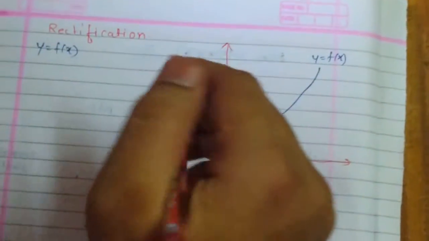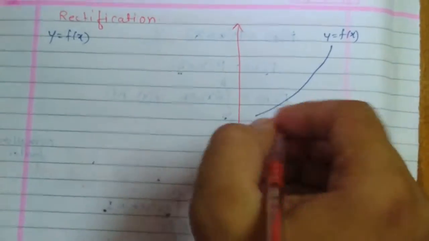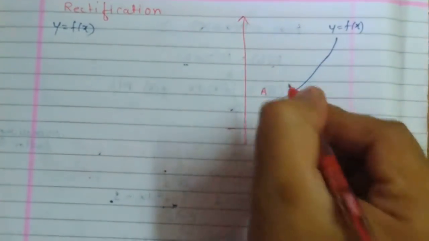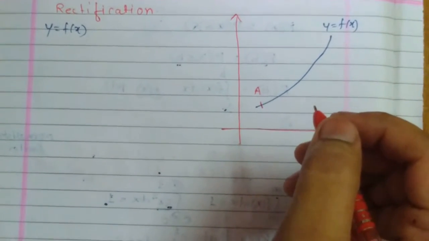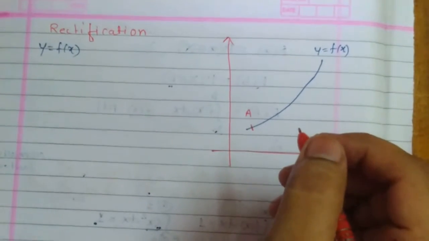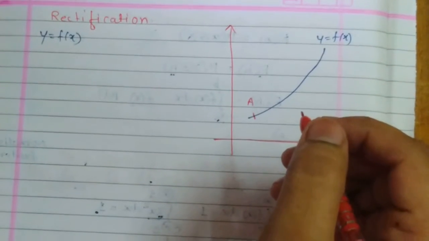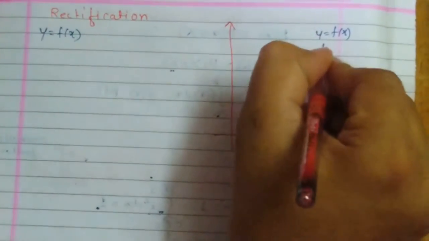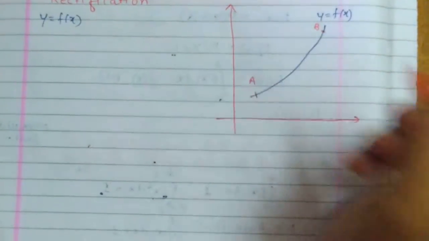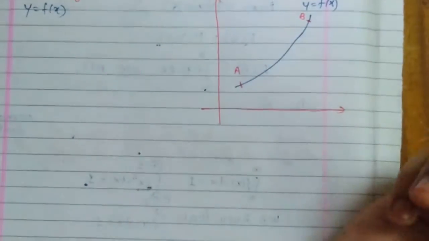Okay, now I want to have one point on this, say A, which is a fixed point from which I have to measure the length of the arc to be measured, and say I have to measure it to some point B. Okay, so this length I want to measure.